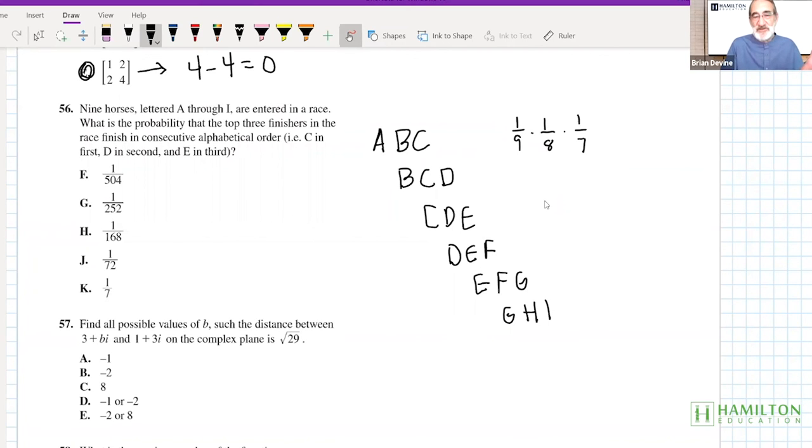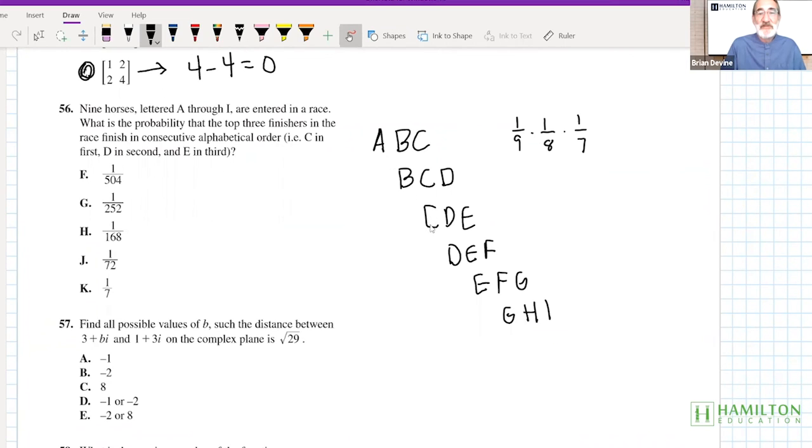As soon as B crosses, there's 7 left. And we just saw that there's 6 ways to do this. And so our probability then should be 6 times this. Oh, pardon me, wait a second. 1, 2, 3, E, F, G, G, H, I.